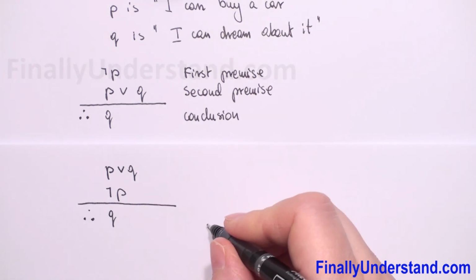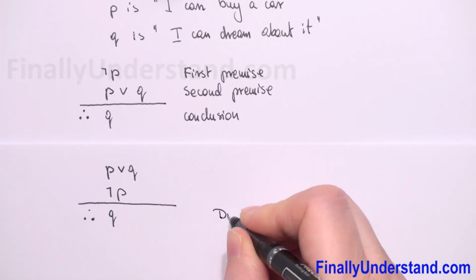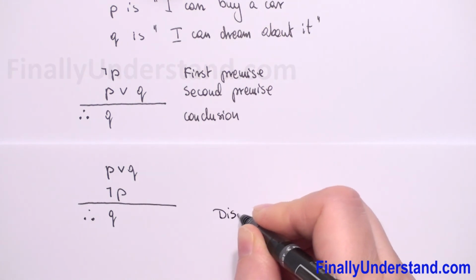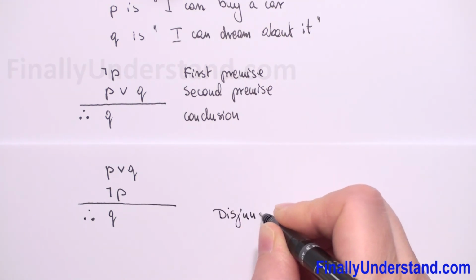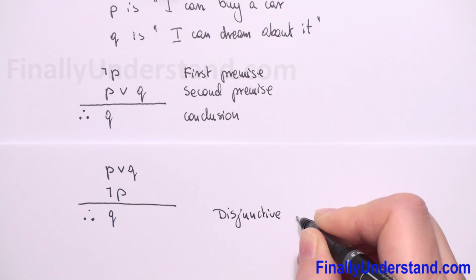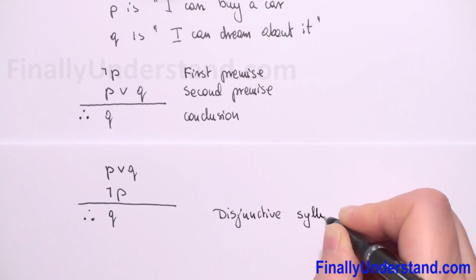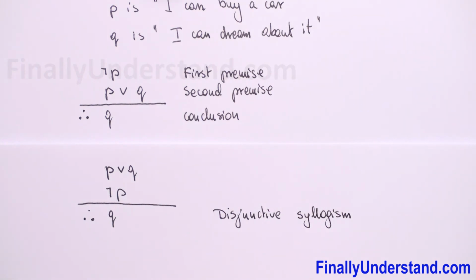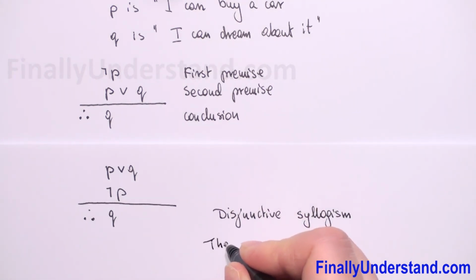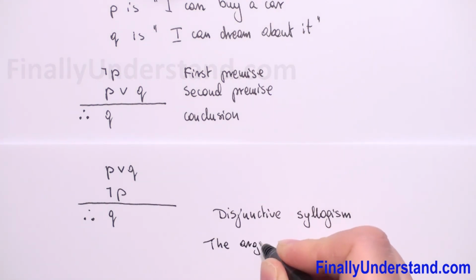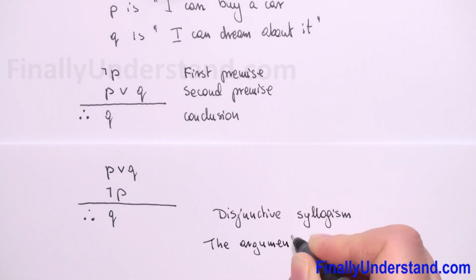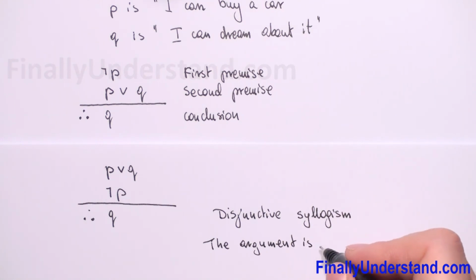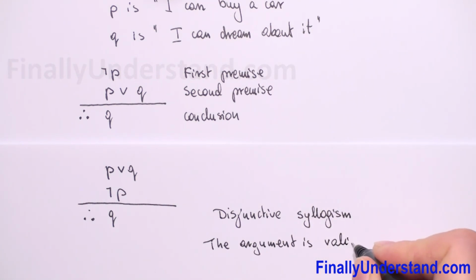So let's write this. We have disjunctive syllogism. It means that our argument is valid. This is my solution.